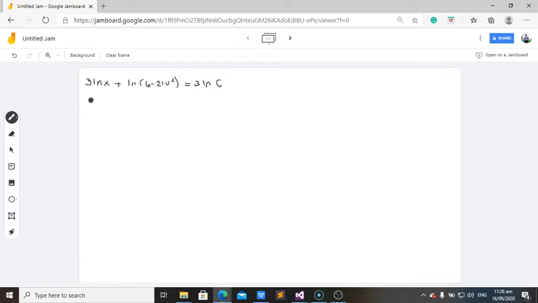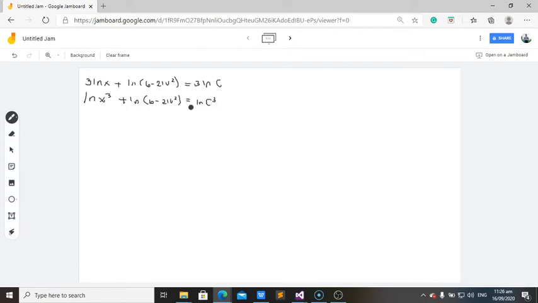So after that, I'll just simplify this one. So it becomes ln x cubed plus ln of 6 minus 21v squared equals ln c cubed. Okay.